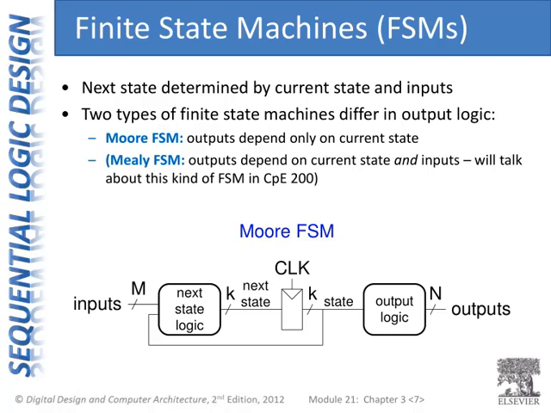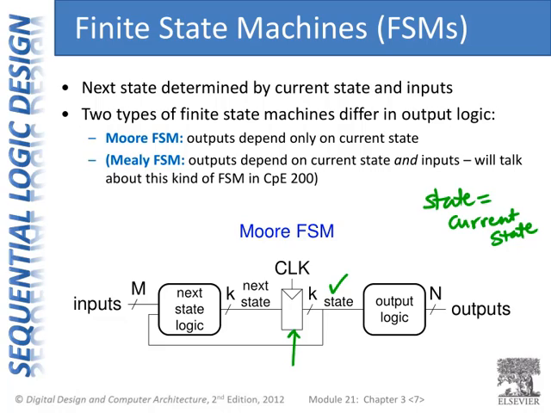So here's an overall view of our finite state machine. We have a state register that stores the current state. So state equals current state. For short, we'll call the current state the state of the system.